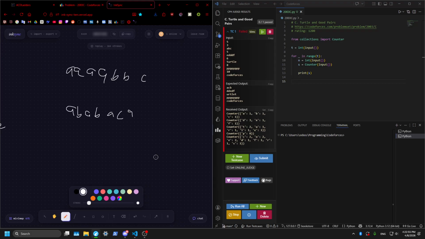Is that it? I don't think it even matters where I put this last A. I think I can put it in the front and it'll do the same, because we're gonna have 1, 2, 3, 4, 5, 6, 7.